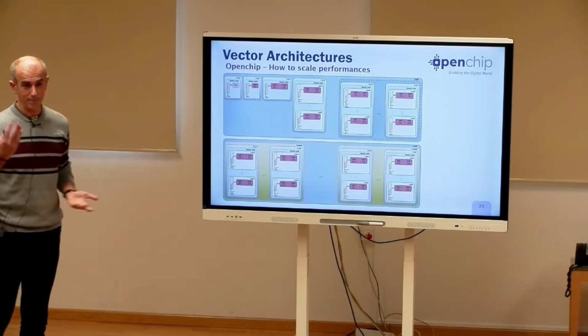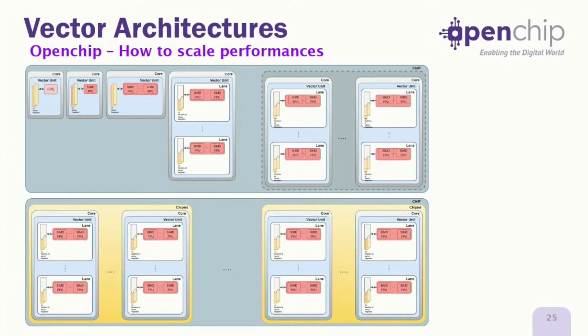But you have to keep in mind that at a certain point, you will face the problem of data retrieved from memory. If you increase this structure a lot, you have a lot of data you have to take from memory to fill all these computing units. So it's a compromise between the parallelism and the data you have to take, the bandwidth of your memory.